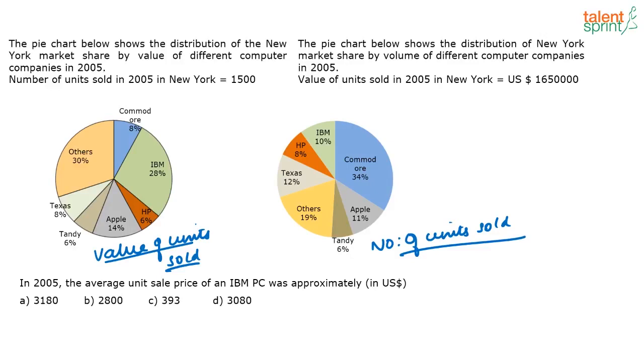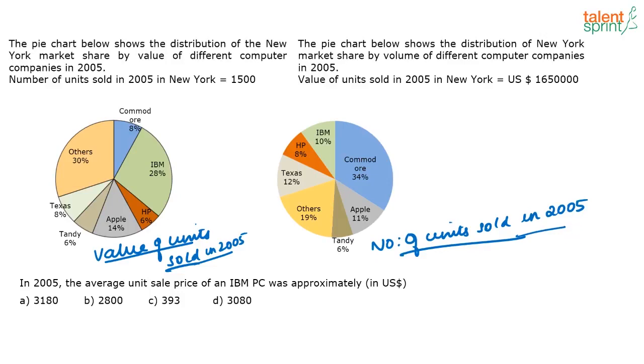Here the first graph represents the value of the units sold in 2005, and the second graph represents the number of units sold in 2005. Logically, the way the question has been given, we might think that the first represents number of units sold and the second represents value. No, that's not the case. Take it like this and now solve the question.